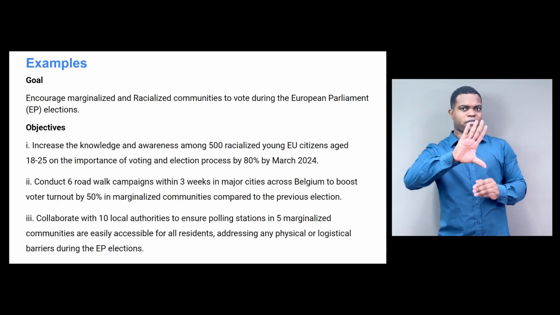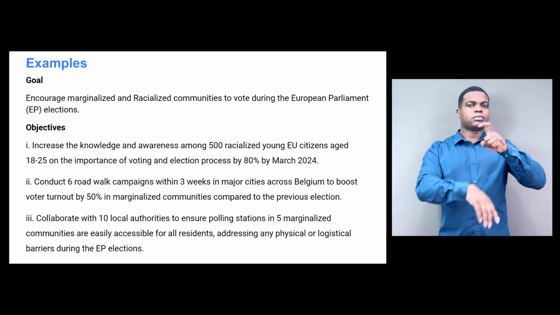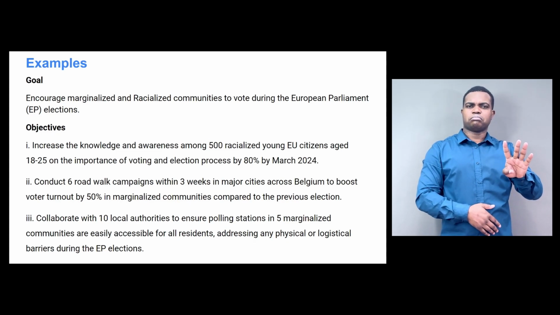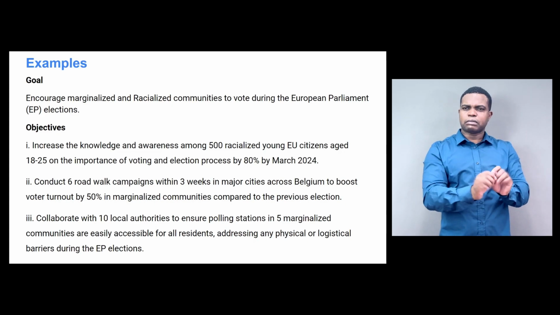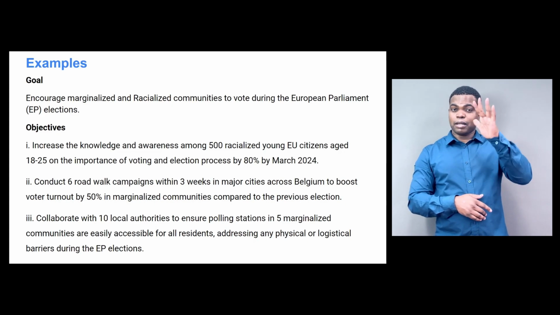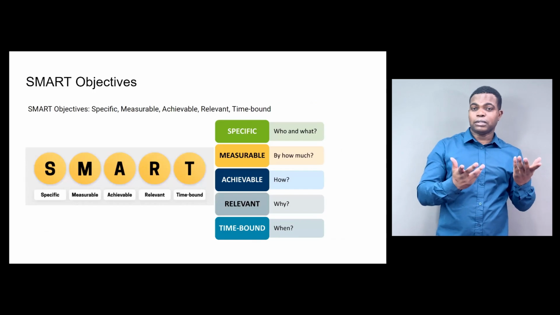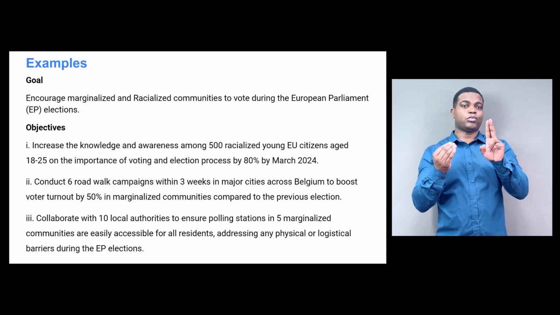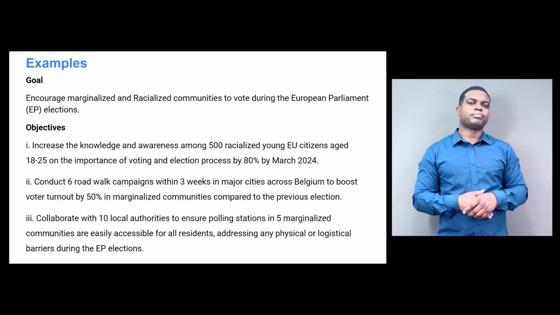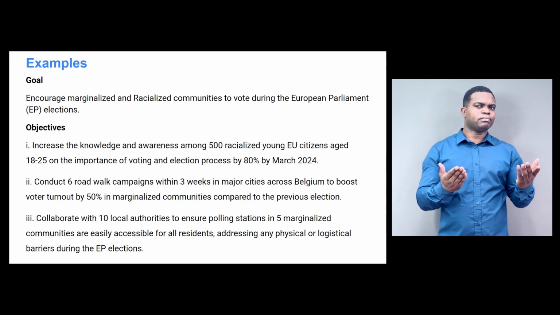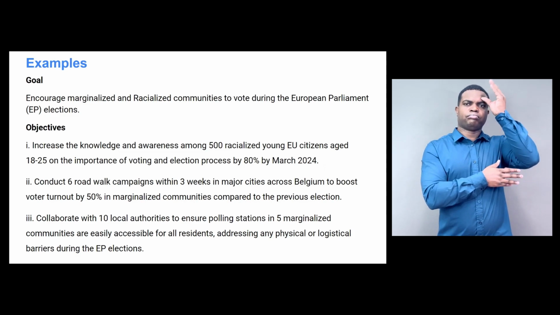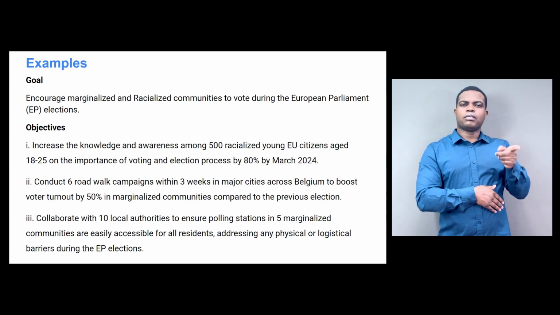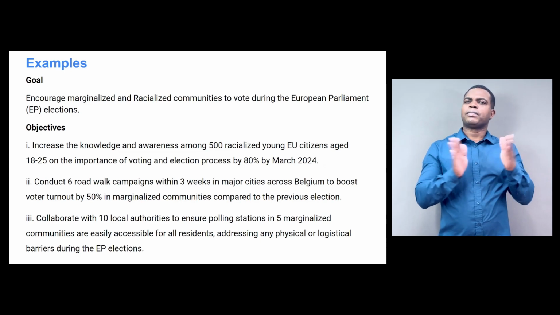Yes, it is specific because you are targeting 500 racialized young EU citizens. You are specific by who. Remember our SMART, who and what. So look at this. Who? Young EU citizens. So what? Your objective is to increase the knowledge and awareness.